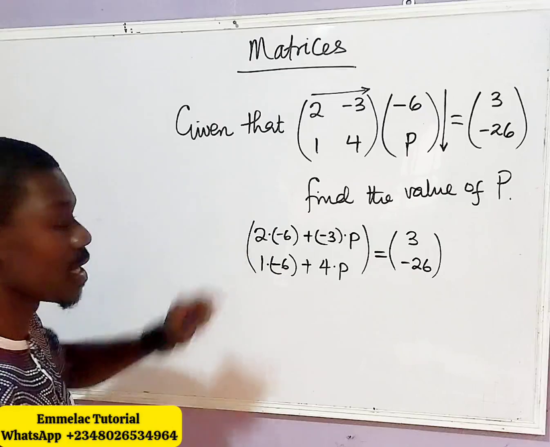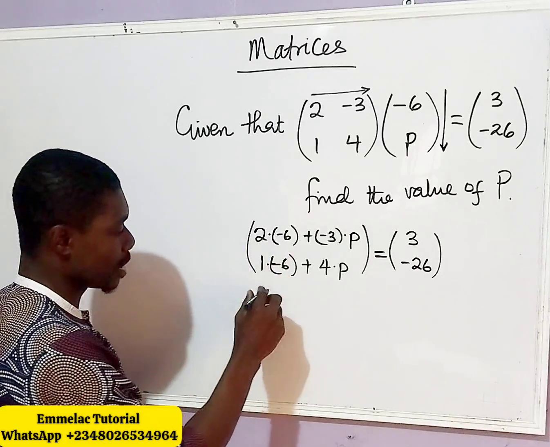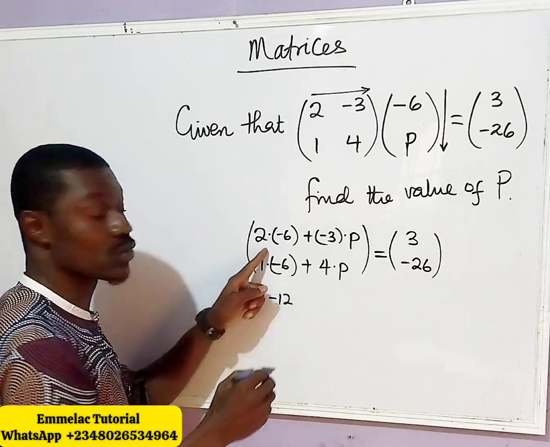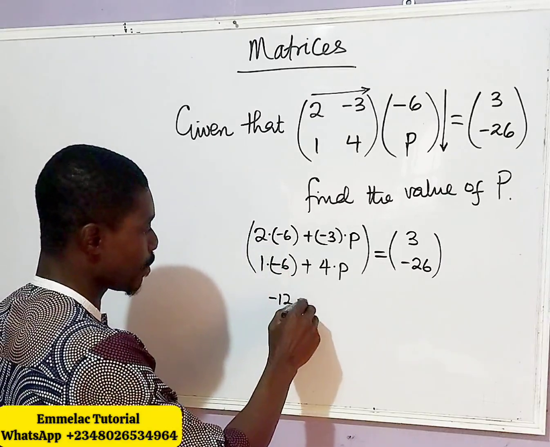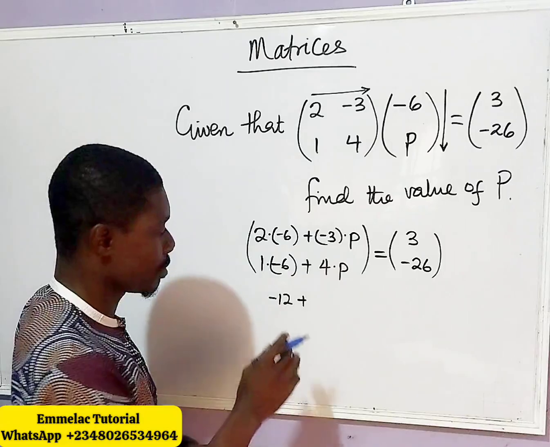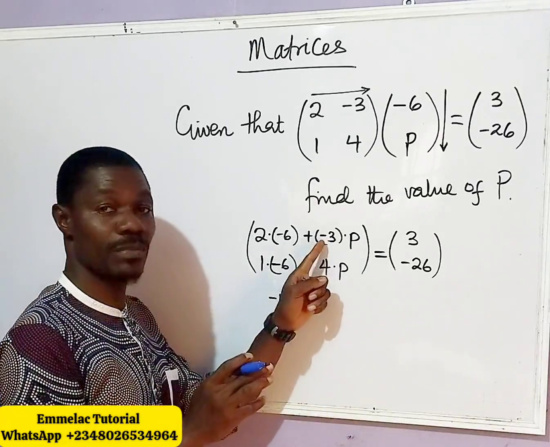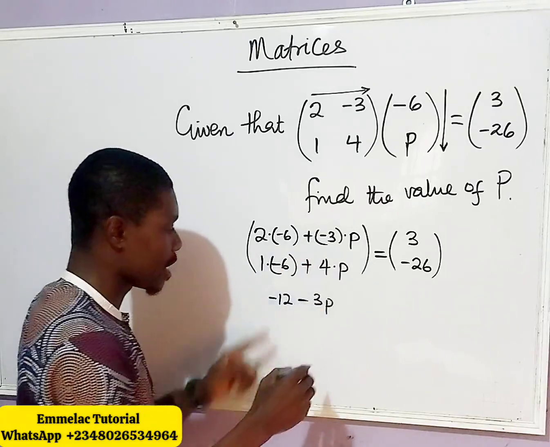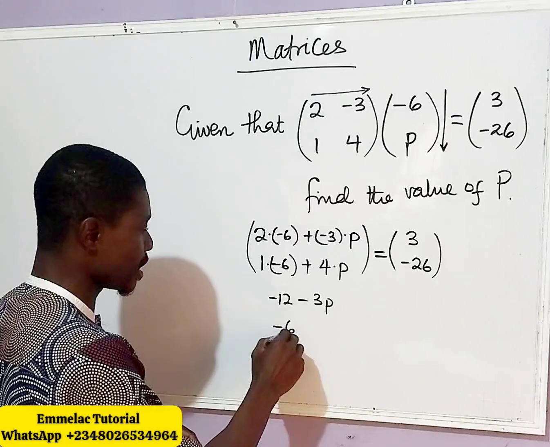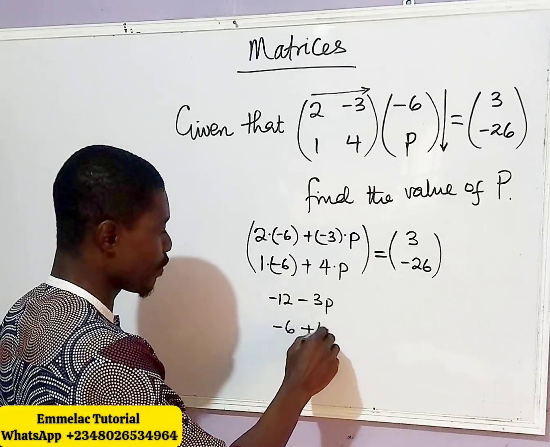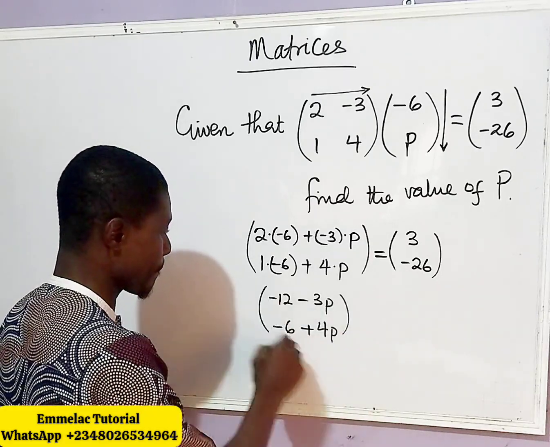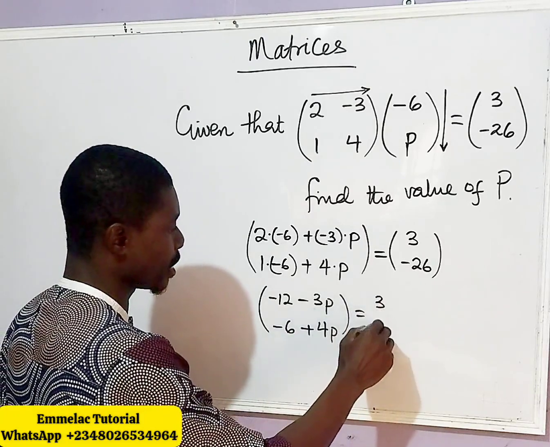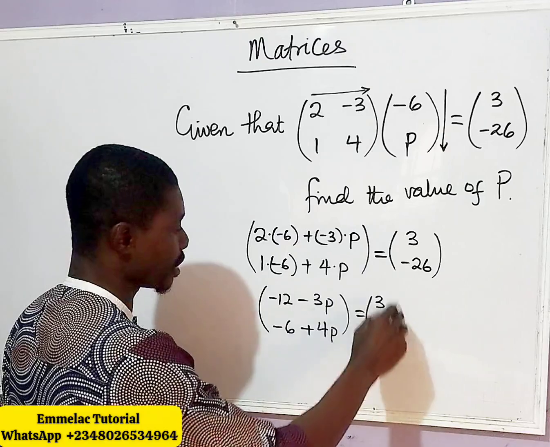Okay, so let's open the parentheses here. This will give us -12 because 2 times -6, then plus, there's a minus here, so this minus will actually affect this p. There will be minus 3p, then we'll come over here, -6, then plus 4p, then equals 3 and -26.